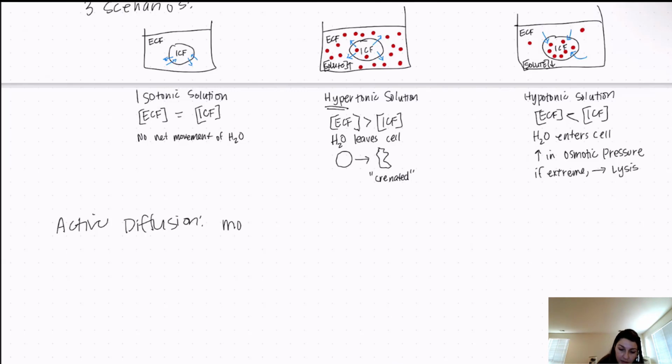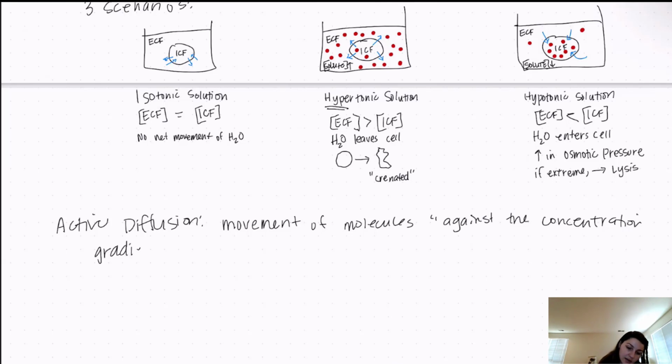So movement of molecules against the concentration gradient. And that's going from a low concentration to a high concentration.